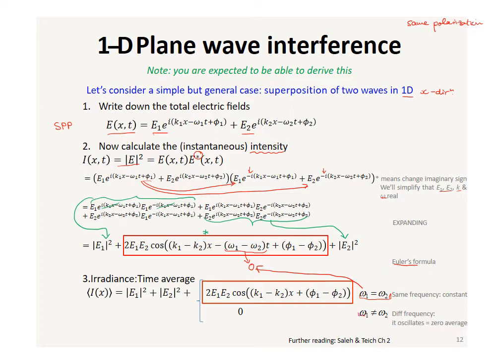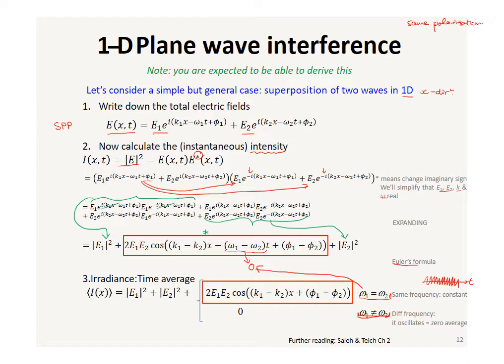If, on the other hand, these frequencies are different, so we have different wavelengths of light, then this time term does not disappear. And so it will be oscillating in time at whatever that difference frequency is. Now, that difference frequency is going to be incredibly fast.